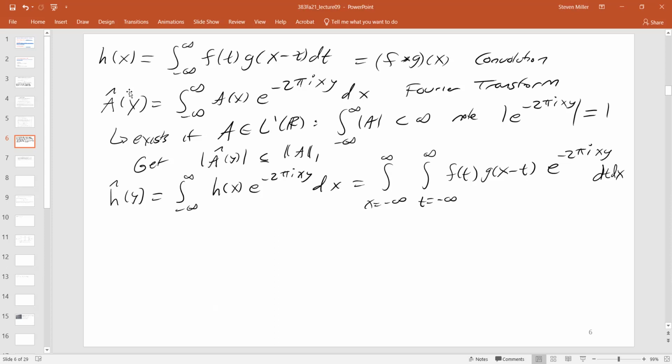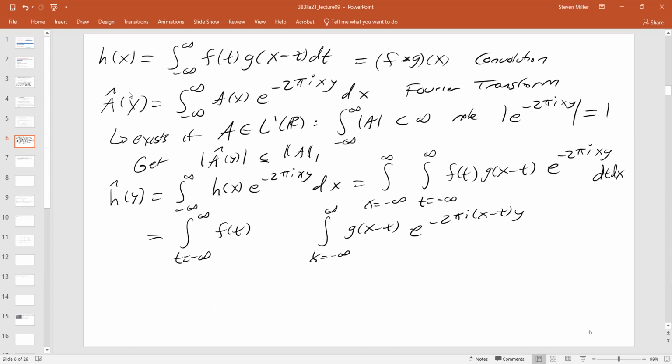Yeah, I can pull out the f of t. And so this would be the same as the integral, t goes from minus infinity to infinity. I have an f of t here. I'm going to write this very slowly. I have an integral, x goes from minus infinity to infinity, g of x minus t, e to the negative 2 pi i (x minus t) y.